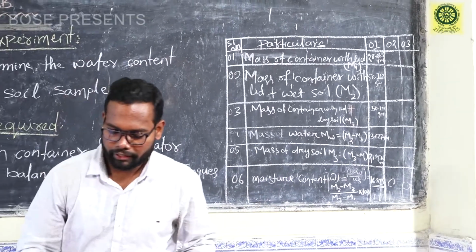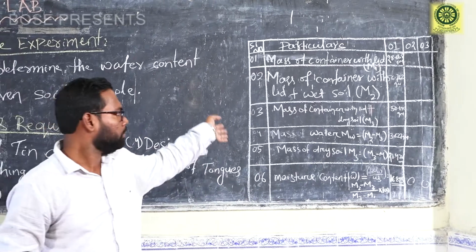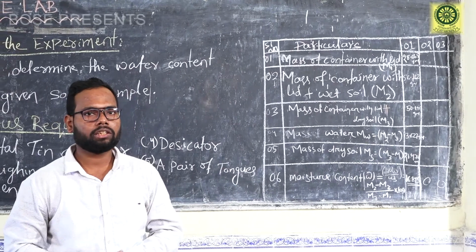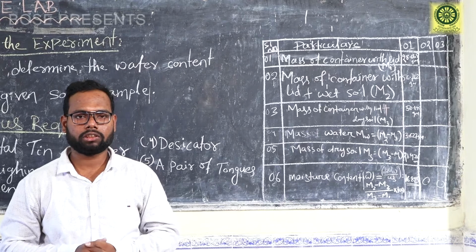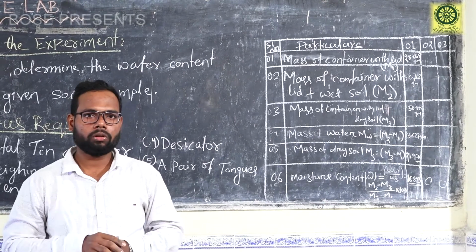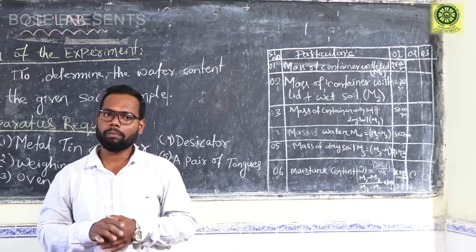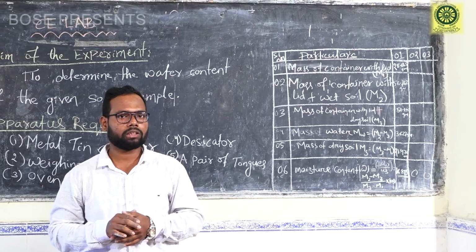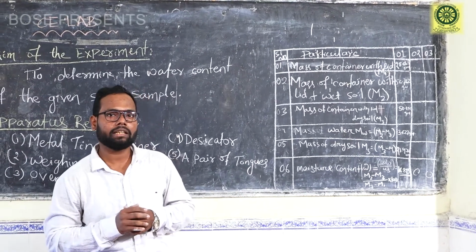So point to be noted, while we conduct this experiment, there are some precautions. So what are the precautions? I told you before, the temperature should be maintained at 110 plus or minus 5 degrees. Why do we maintain that temperature?